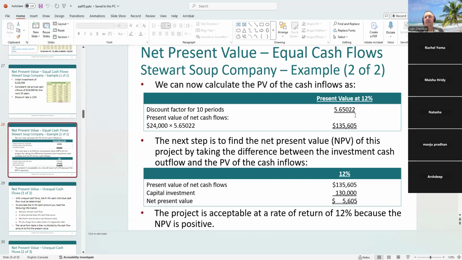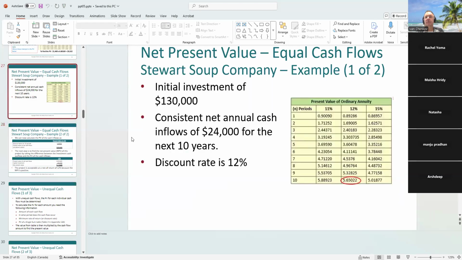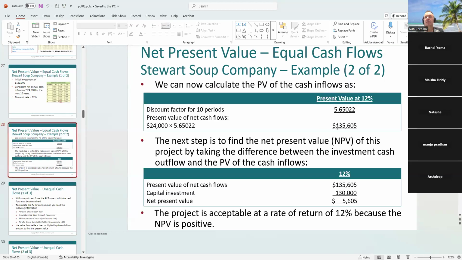So from the slides, what we're going to see is exactly the same. On the slides, they're using this number here, which is 12% over the 10 periods, and they come up with exactly the same amount of net present value, which is positive. That means this project is acceptable because it meets the 12% return required by the company, and the proof for that is the net present value is positive.